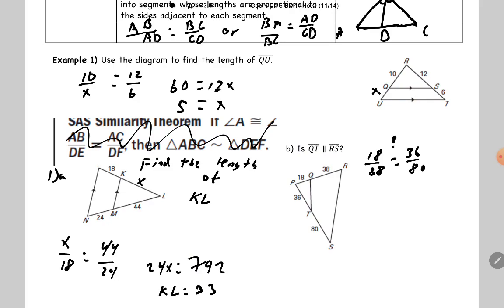Are these equal? If I reduce this, this becomes 9 over 19, and this becomes 9 over 20, and those are not the same. So no, QT is not parallel to RS.